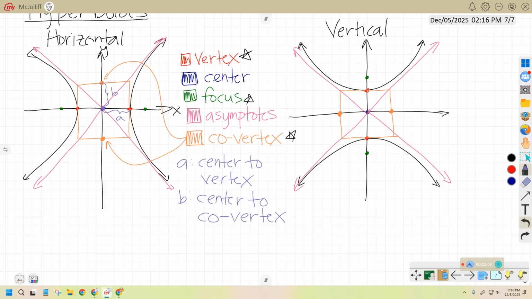So I've got center to vertex is A, center to covertex is B. The last point of interest is my focus. So center to focus is called C.